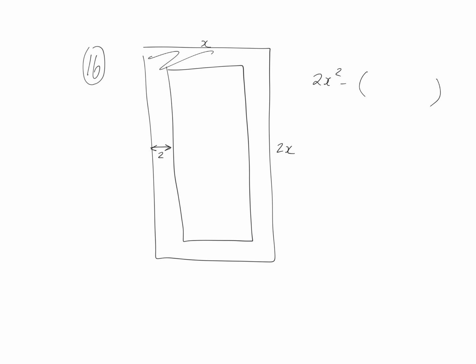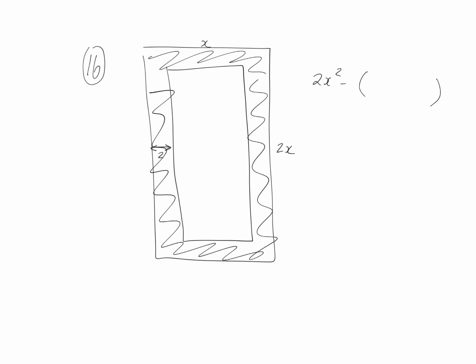Well, the area of the frame, all of this, is going to be the area of this entire frame, which is going to be 2x squared, this times this, minus the area of the inside.